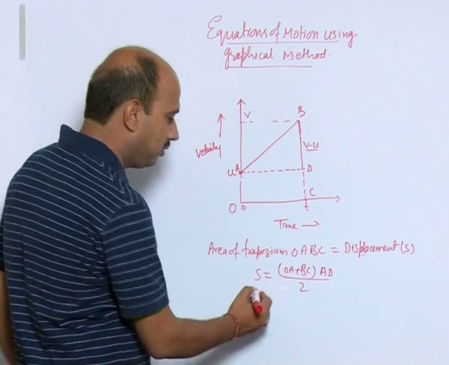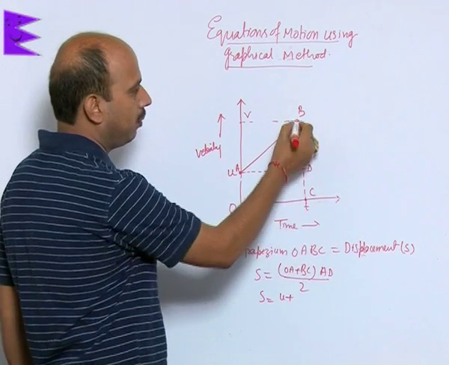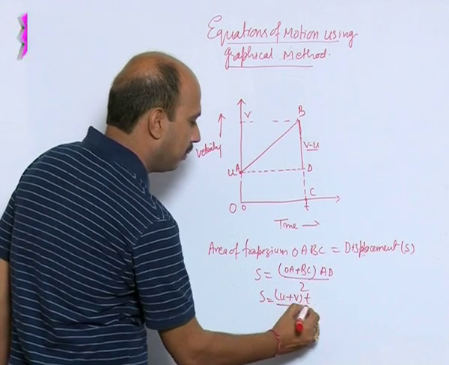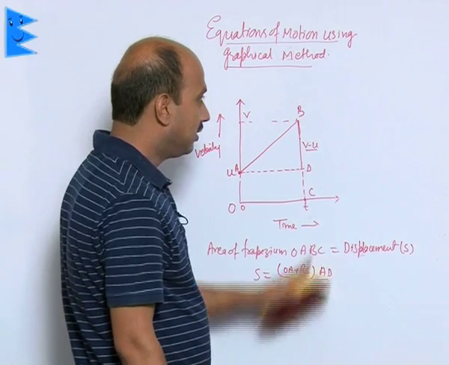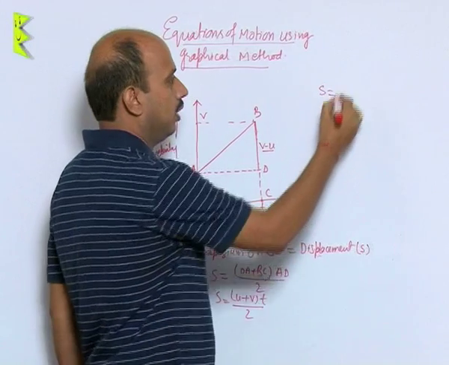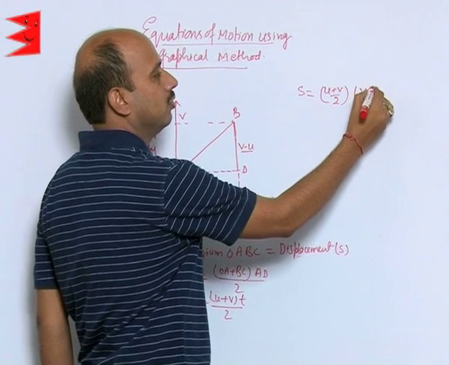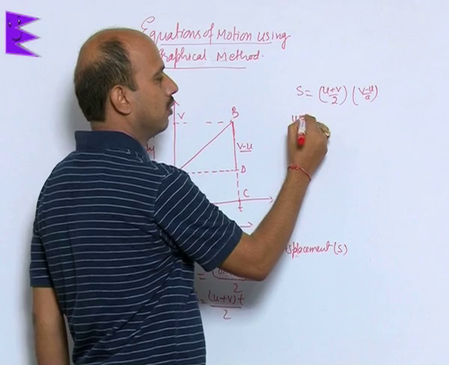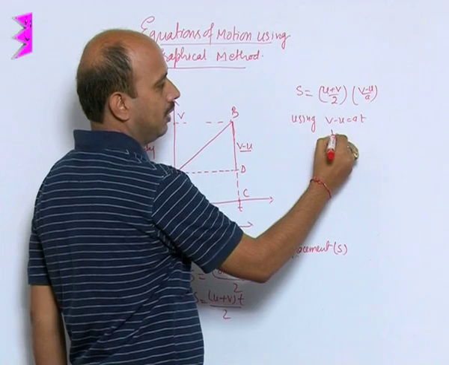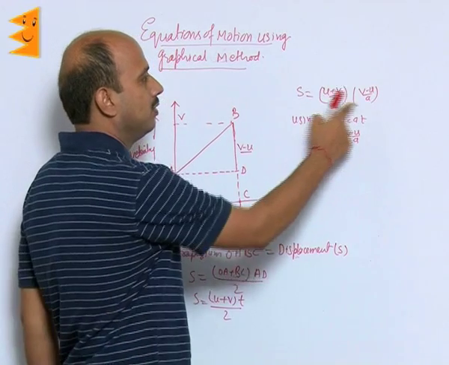Now put the values. S is equal to OA, which is U, plus BC, from here to here which is V, into AD, which is time, divided by 2. So S is equal to U plus V by 2 into T. Using V minus U is equal to AT, we can write T is equal to V minus U by A. Using this relation we replace the value of T. Now we solve this.